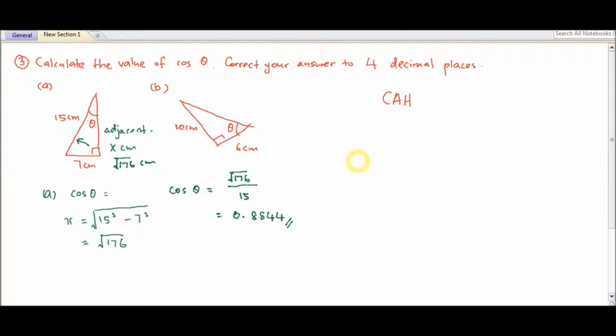How about part B? Cosine theta, CAH. We don't have the H. Find the H, let it be x centimeters. x will be equal to the square root of 10 squared plus 6 squared. Just press the calculator. 136, right?